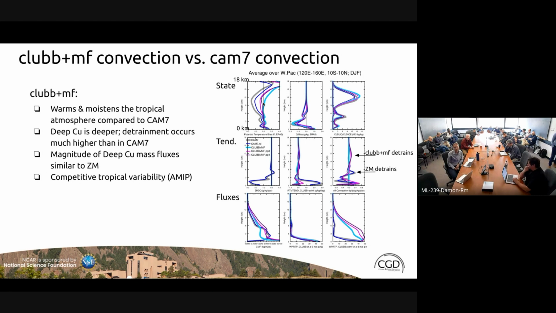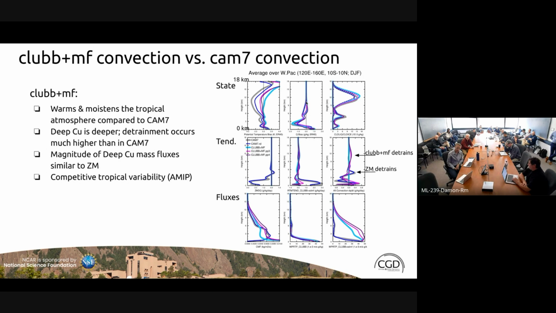As I've shown at previous workshops, CLUBB-MF tends to produce a warmer tropical atmosphere, and it also tends to be moister. So in the region between 6 and 9 kilometers, you have a deficit of moisture in CAM7 compared to ERA5 that is more similar to ERA5 in all the CLUBB-MF iterations.